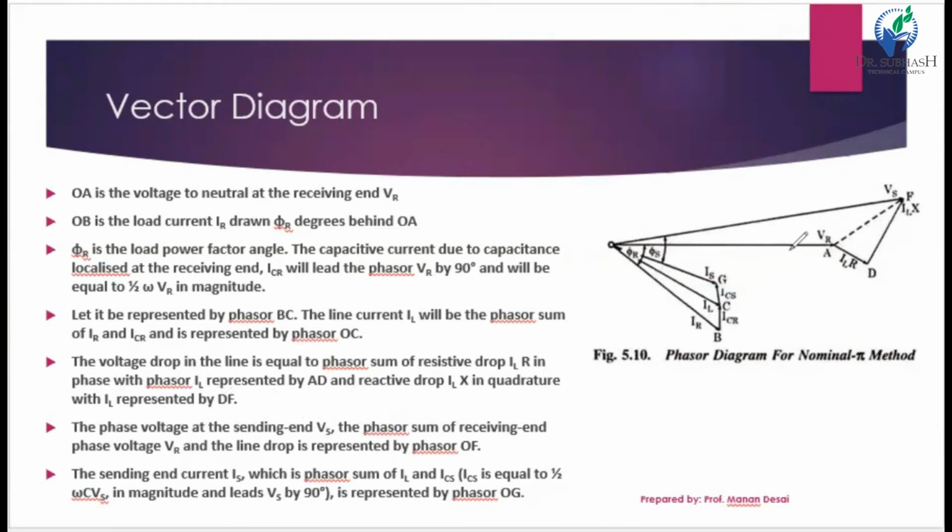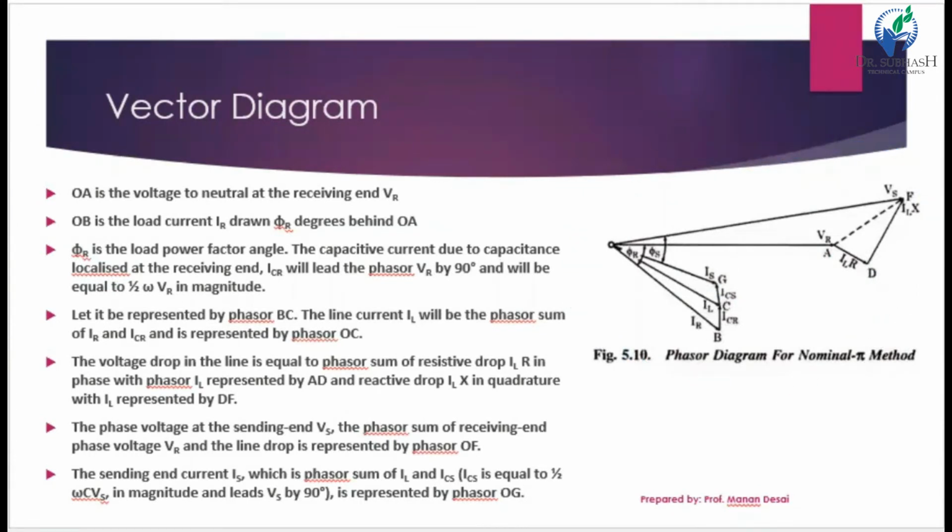So VS is the resultant vector of VR, ILR and ILX. So this is the vector diagram of the nominal pi method.